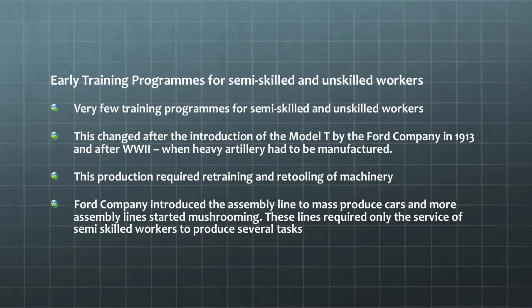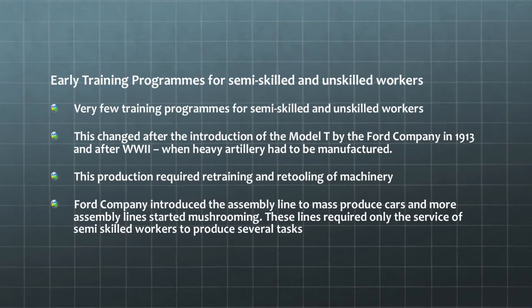Early training programs for semi-skilled and unskilled workers was the next phase. Then there were very few training programs after this for semi-skilled and unskilled workers, and this is what changed. This changed after the introduction of the Model T by the Ford Company in 1913 and after World War II, when heavy artillery had to be manufactured.